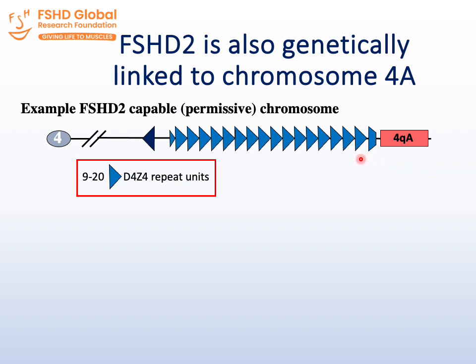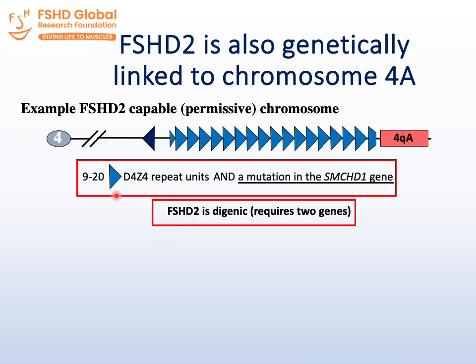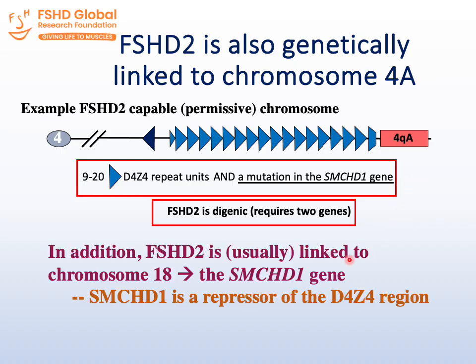DUX4 is what's going to cause FSHD2, and so DUX4 requires a D4Z4 repeat as well as the 4A. Okay, and as we mentioned, FSHD2 is digenic, so it requires two different genes. So you need this repeat unit and a mutation in the SMCHD1 gene, or a different regulatory gene for FSHD2. FSHD2 most commonly is chromosome 18, the SMCHD1 gene.